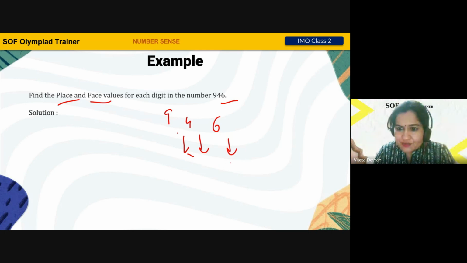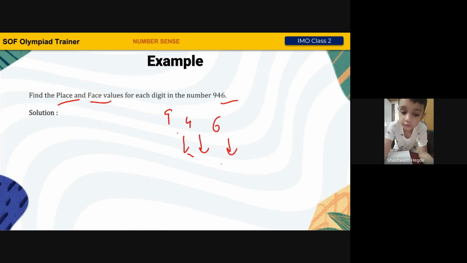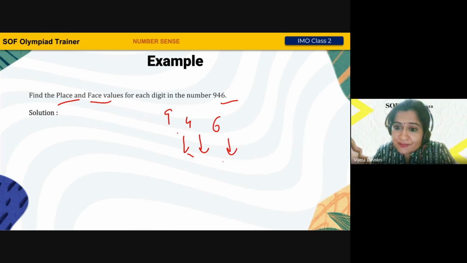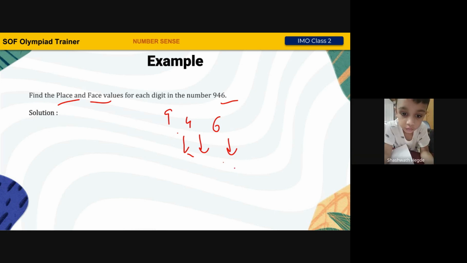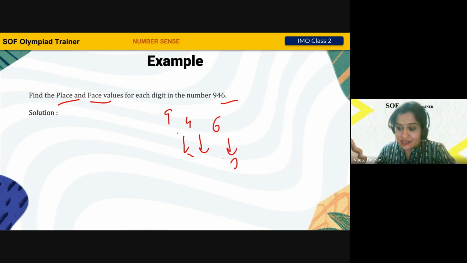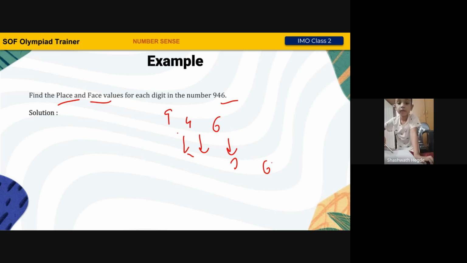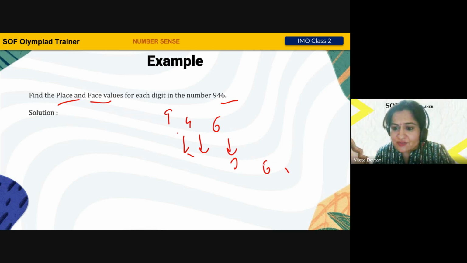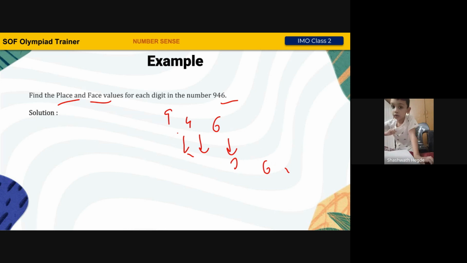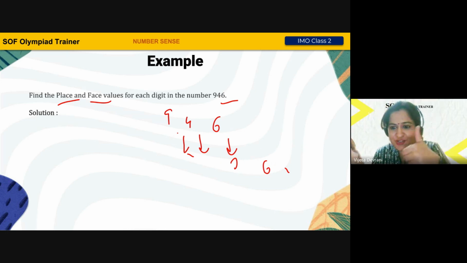What is the place value of 6? 6 will be 6. Okay. Athar told that it is 6. And we all agree with Athar that it is 6, because we know when we multiply 6 with 1, we get 6. Very good job.